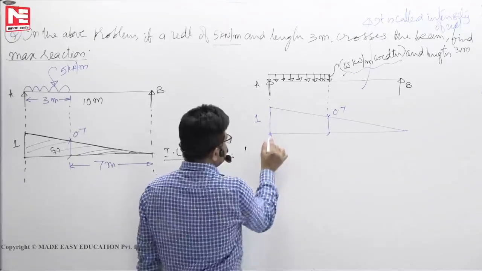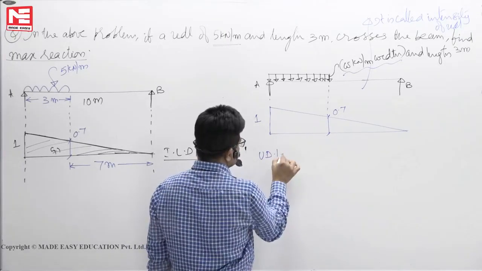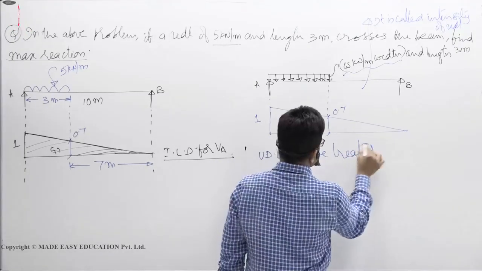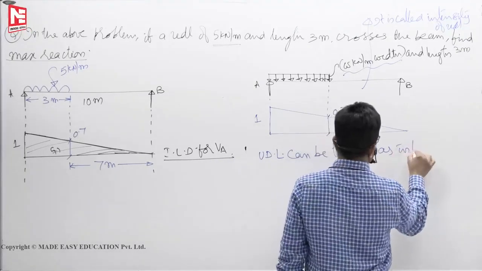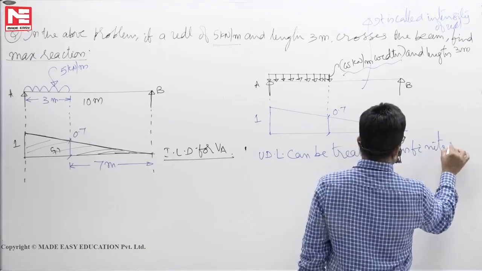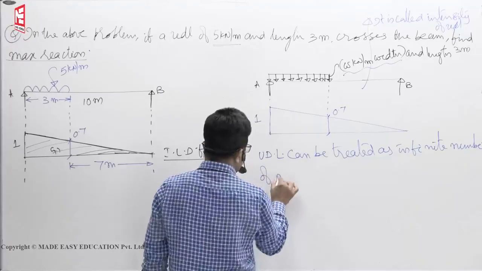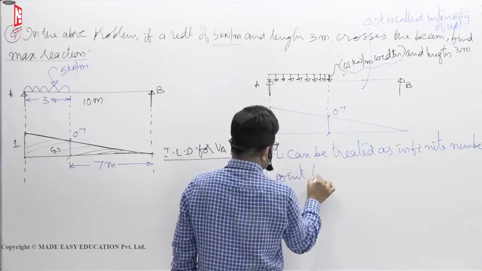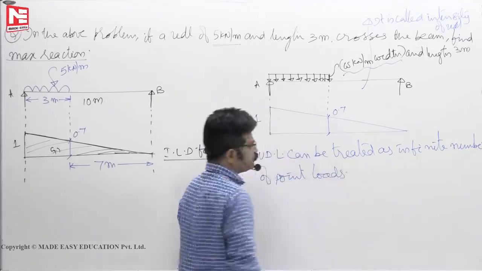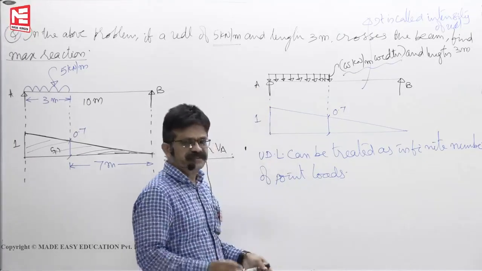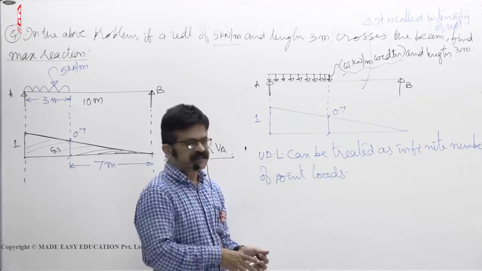Now I told you this UDL can be treated as an infinite number of point loads. Now force into virtual displacement gives you work done, the virtual work done.